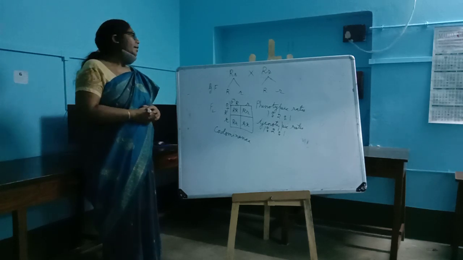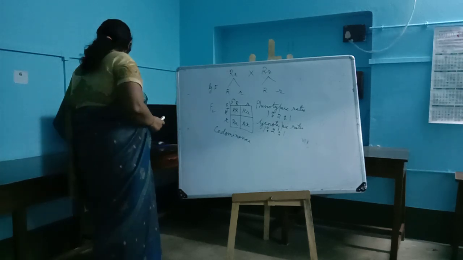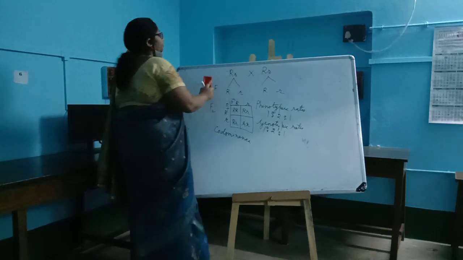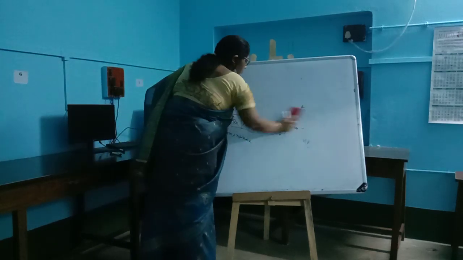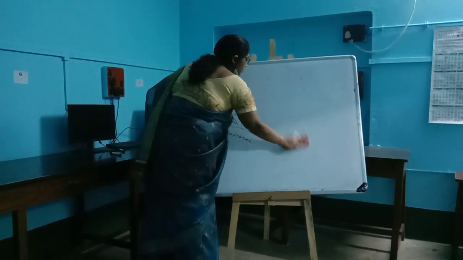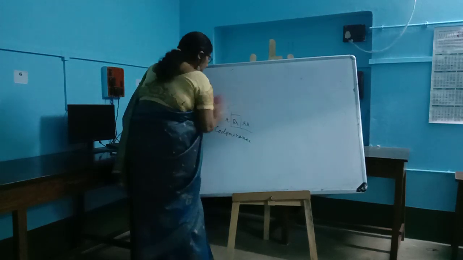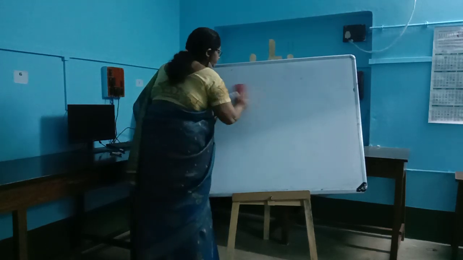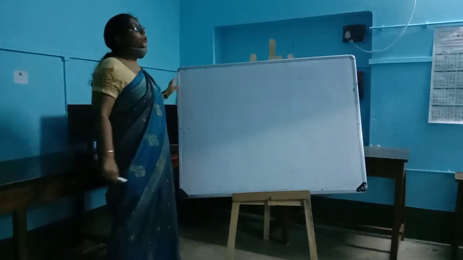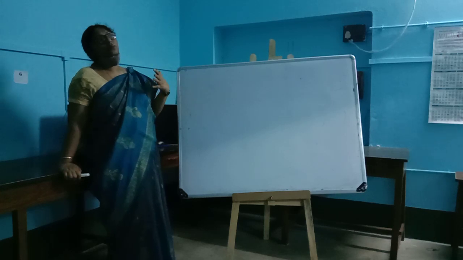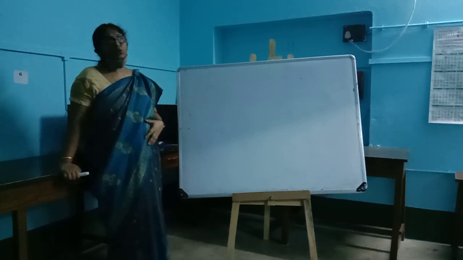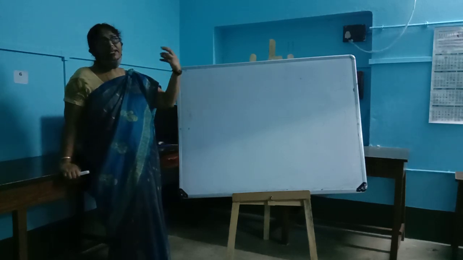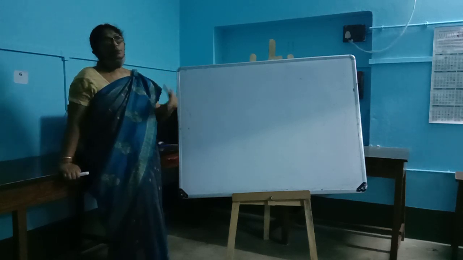Now we will come to sex determination. We'll start with the human beings. Now when we go to the classification of the chromosomes rather, we will have two main categories under which we can put the chromosomes.